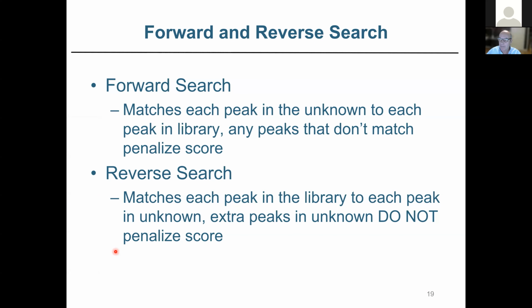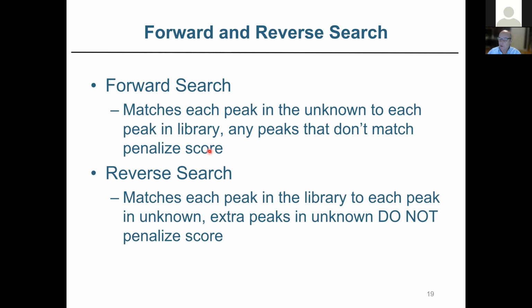Now, very quickly, I just want to talk a little bit about forward and reverse search, as not everybody may be familiar with it. With forward search, the algorithm matches each peak in the unknown to each peak in the library. But if there are extra peaks in the unknown that don't match up, then the score gets penalized and reduced because there are additional peaks in the sample that are not present in the library.